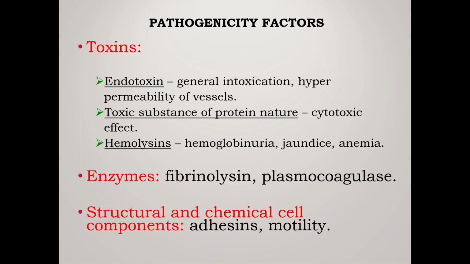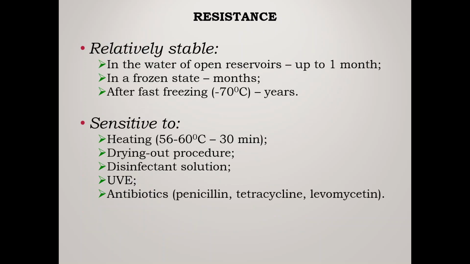Enzymes: fibrinolysin, plasma coagulase, and structural and chemical cell components, adhesins, and motility. Resistance: stable in the water of open reservoirs, in the frozen state, and after freezing. Sensitive to heating, drying, disinfectant solutions, ultraviolet, and antibiotics.